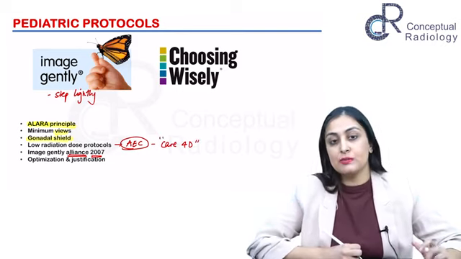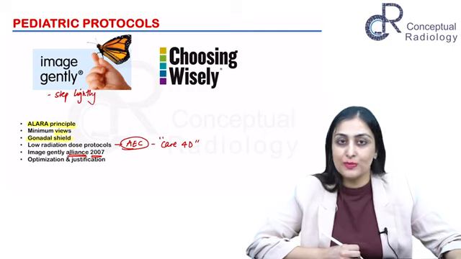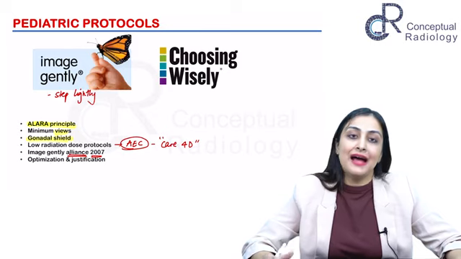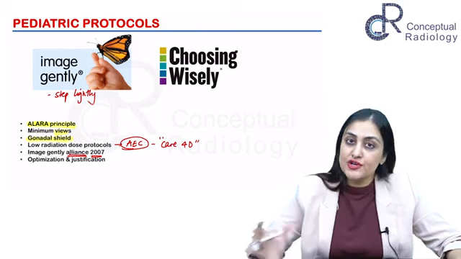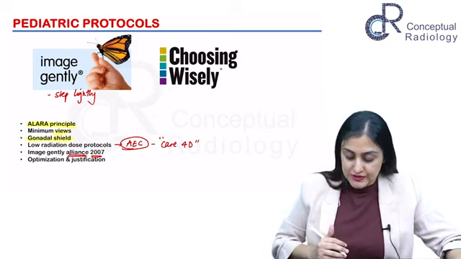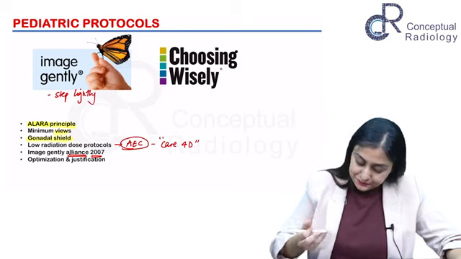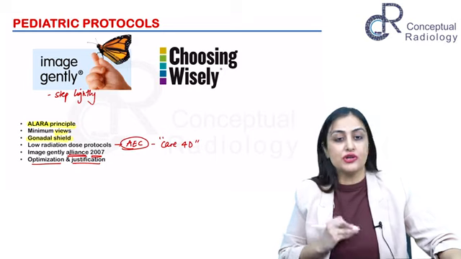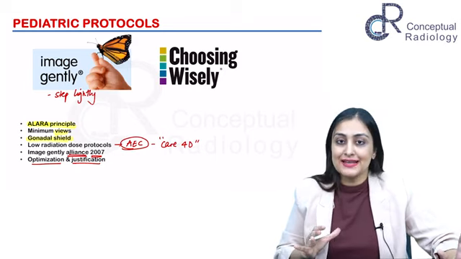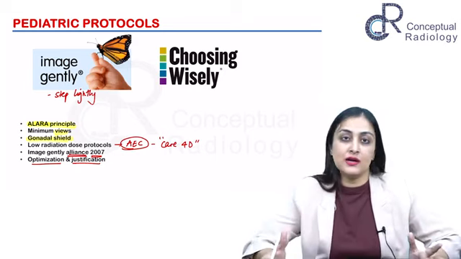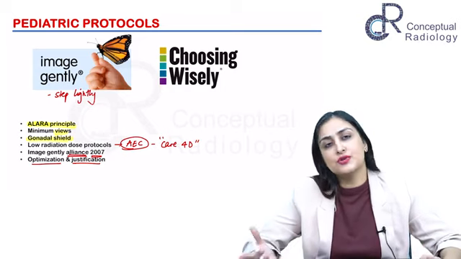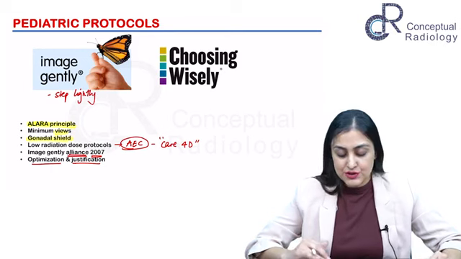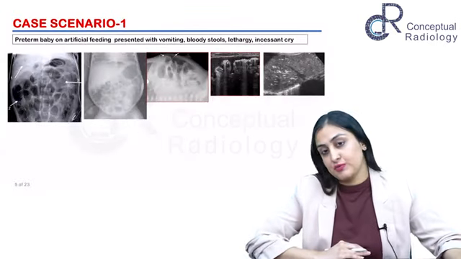So this is where the machines are going to use automatic exposure control depending on the patient size, and this is very important for saving the radiation dose here. So this is about AEC. And finally, optimization and justification is one of the most important principles of ALARA, that you decide wisely which investigation is best and you try to save radiation to the maximum possible manner, right? So this is what is about the imaging protocols.